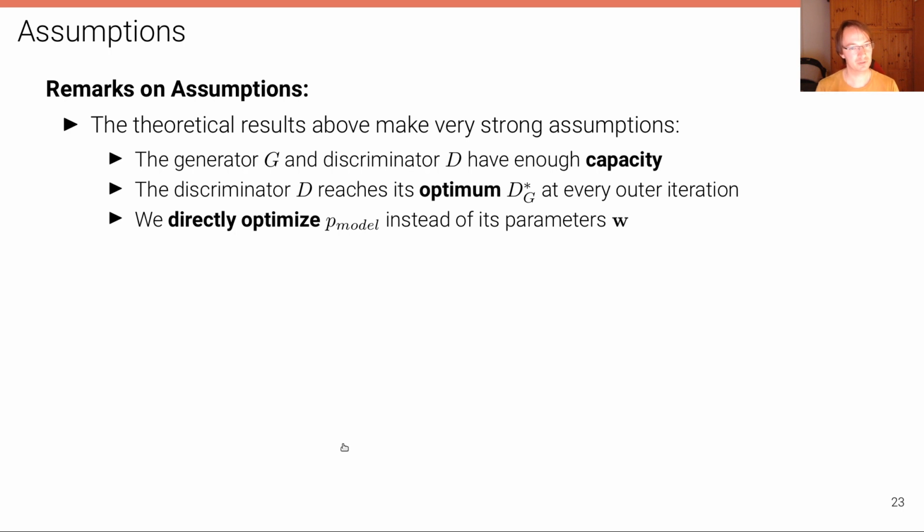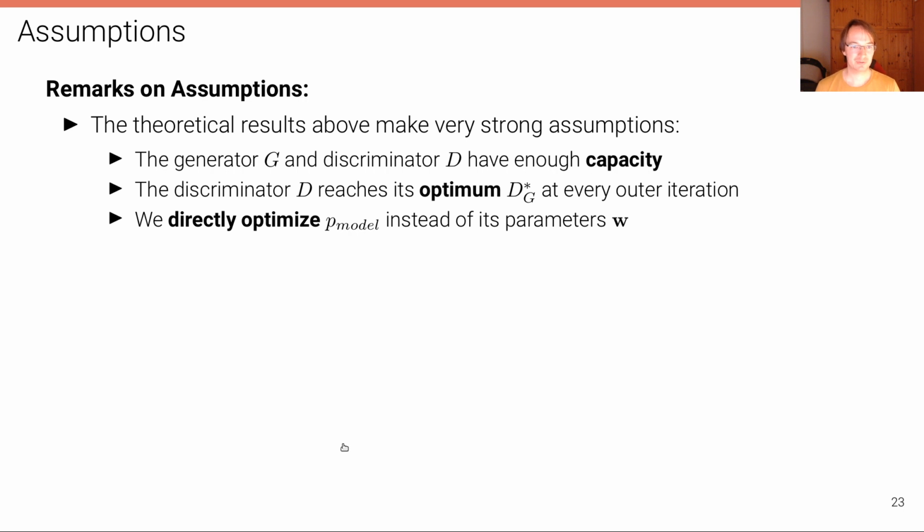First of all, it would lead to overfitting for very high capacity models in the presence of just a finite data set. And second, it would be very slow, because for every gradient update on a generator, we would need to run a lot of gradient updates on a discriminator. So we can't do that. And therefore we have this alternating optimization that I've shown in the algorithm before.